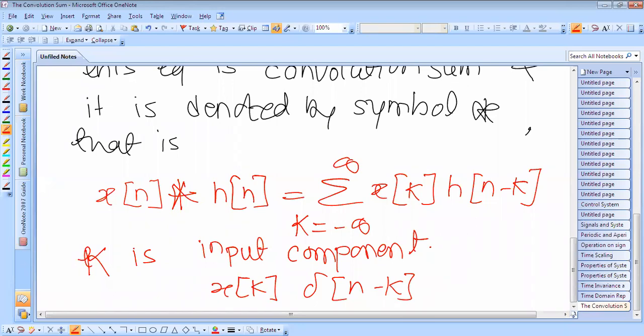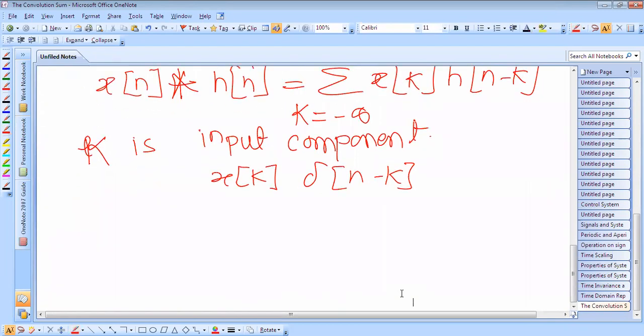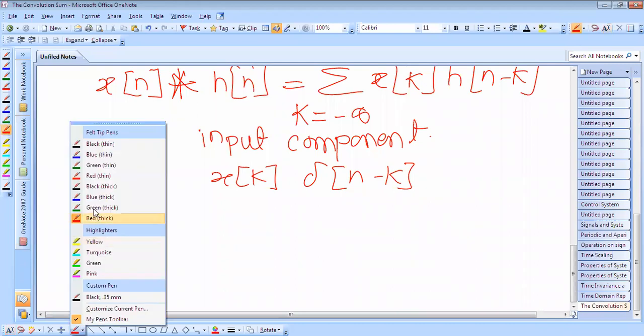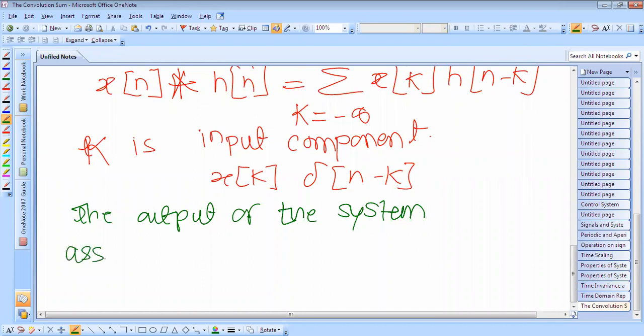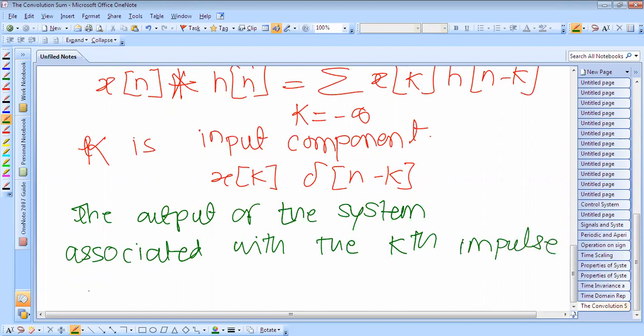The output of the system associated with the kth impulse input is represented in the right half of the figure.